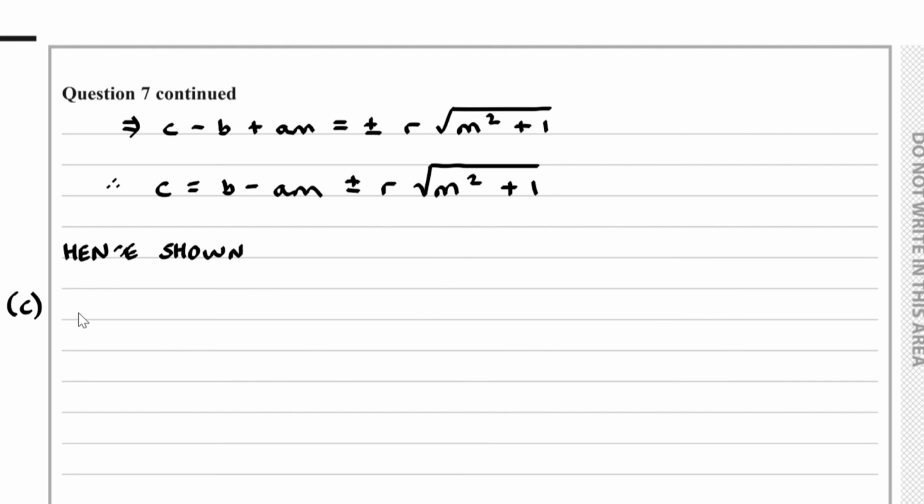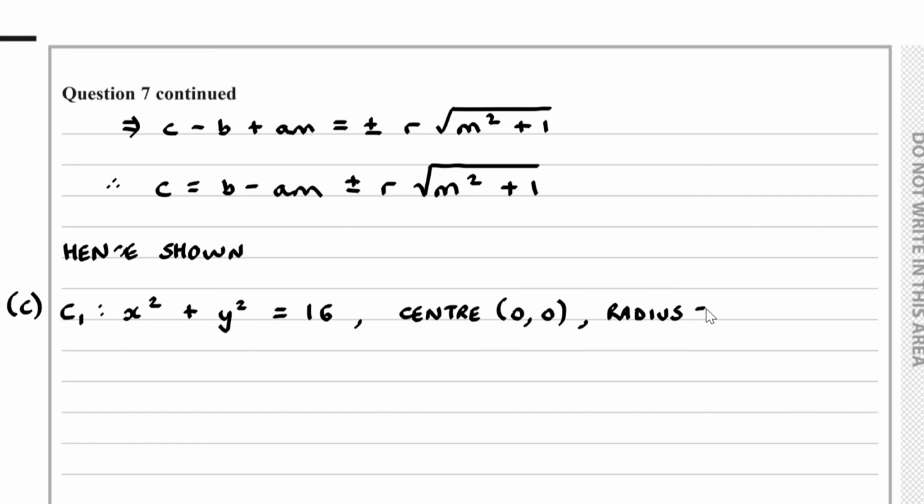So for part C of the question, we've got circle C1, x squared plus y squared equals 16. This would have center at the origin, and it would have a radius of 4.